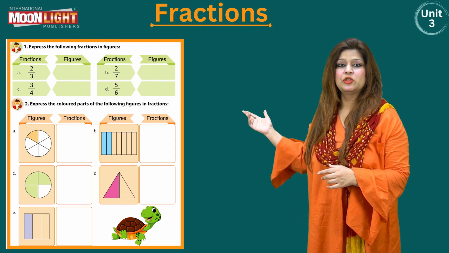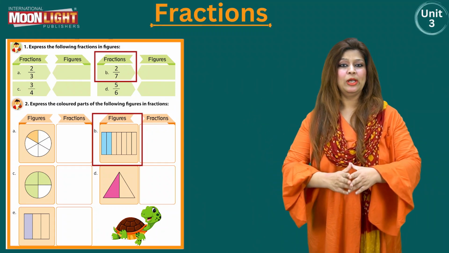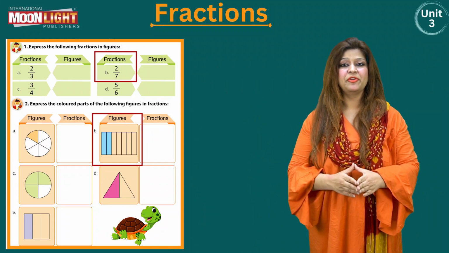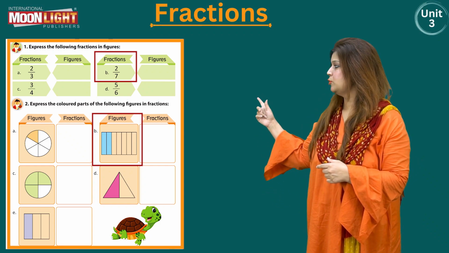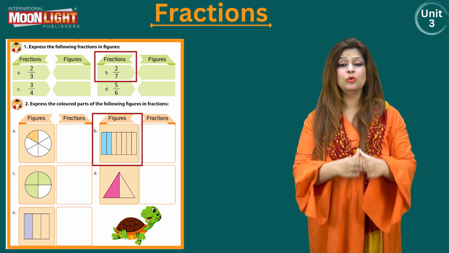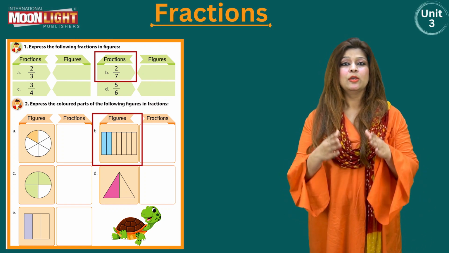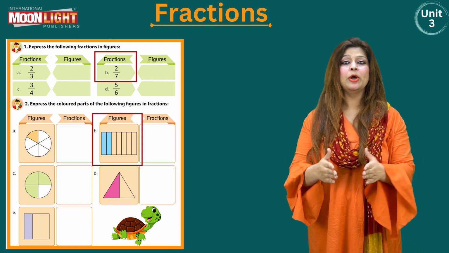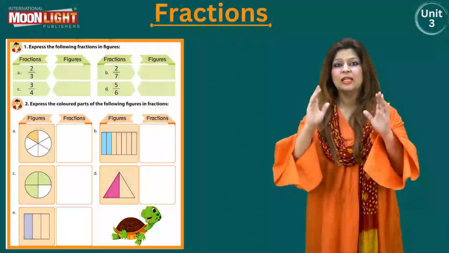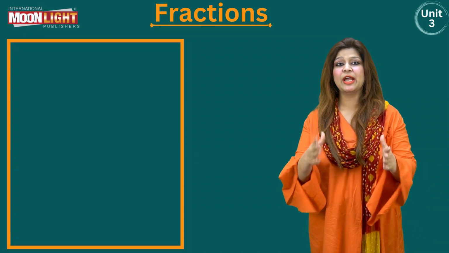This figure is showing 2 colored parts out of 7 equal parts. So I write in fraction as 2/7. You can see that this 2 is showing you the colored part and this 7 is showing you the total equal parts.